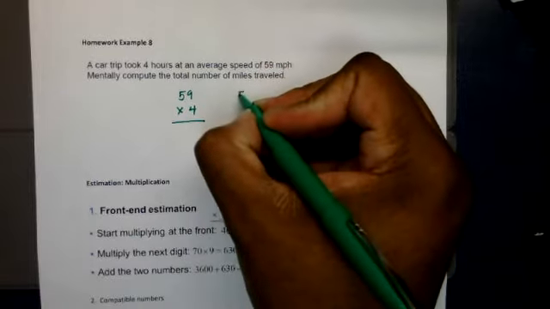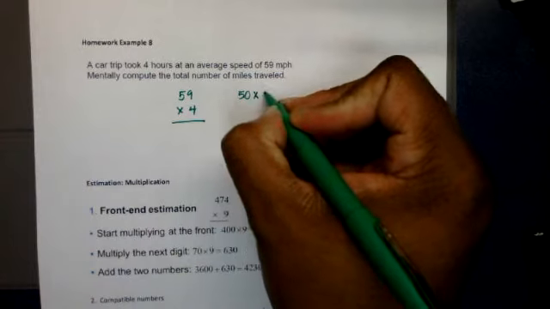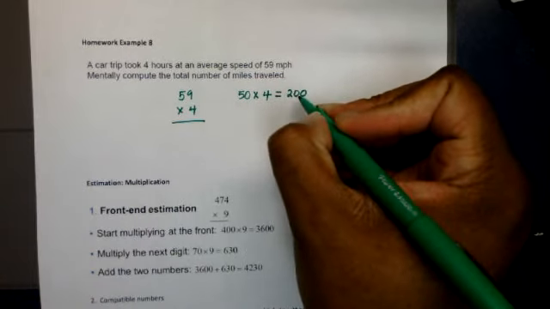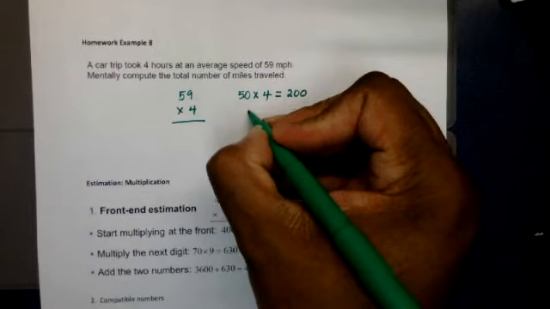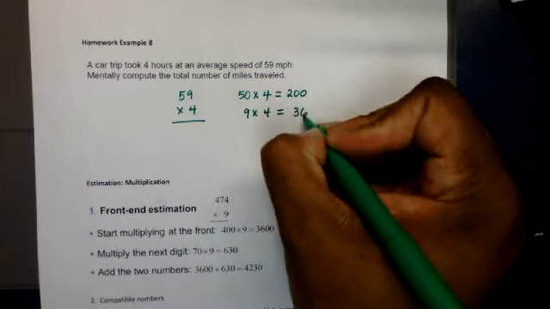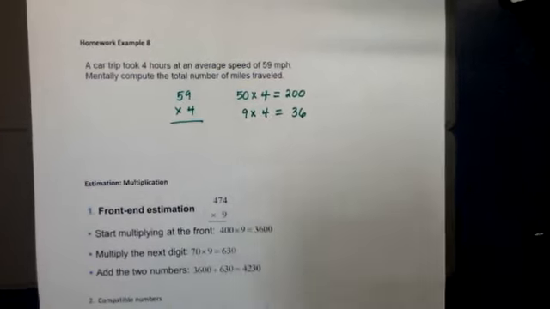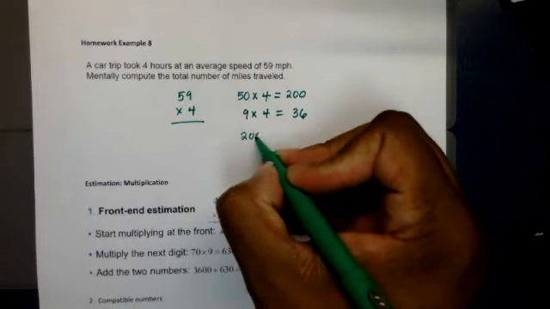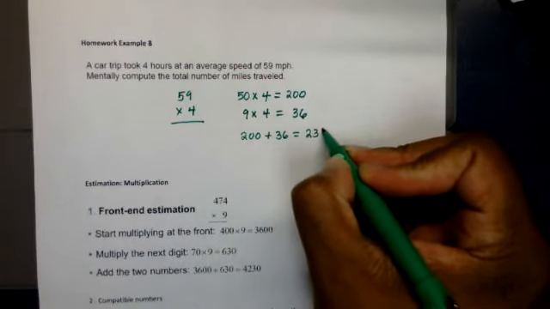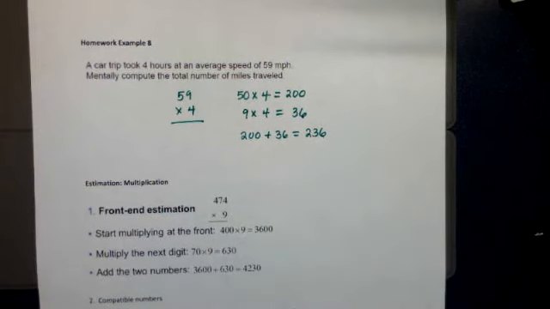The 5 is in the tens place. That would represent 50. Multiply that by 4, and that's easily going to be 200. And then take the 9, multiply it by 4. That would be 36. So here, 200 plus 36 would be 236. So the total number of miles traveled is 236 miles.